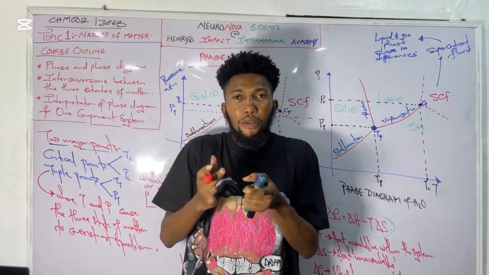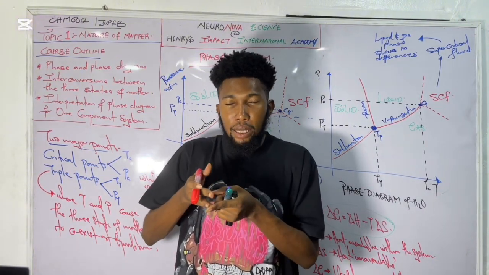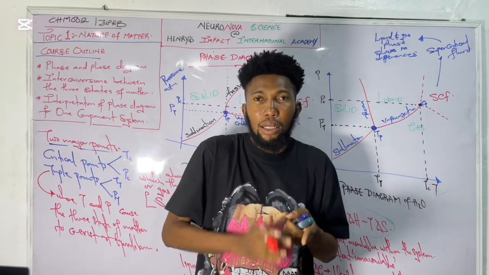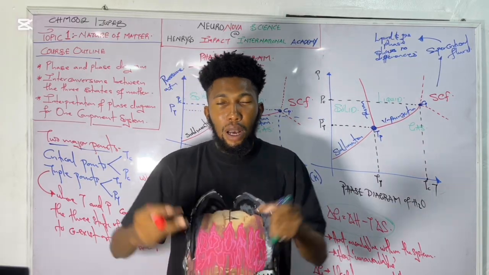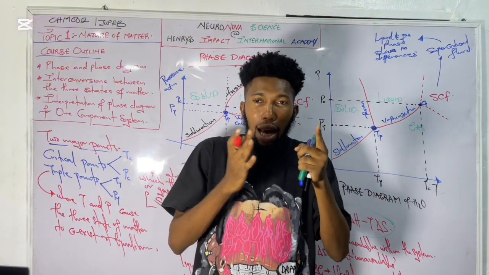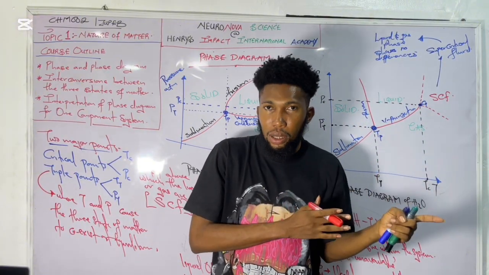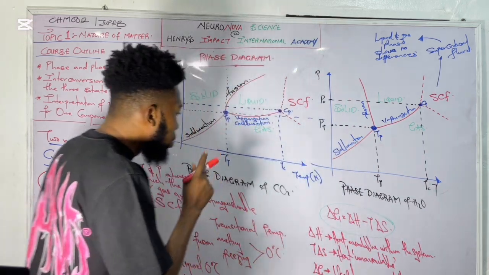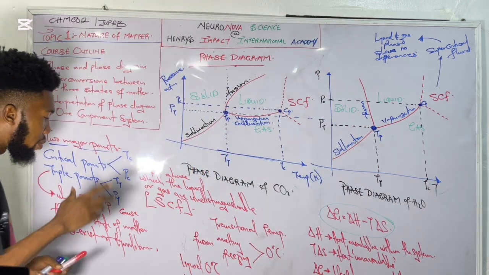Is it going to move from 0 degrees Celsius water to ice, or from 0 degrees Celsius ice to water? Or if you have the two of them at the same time, maybe ice inside water, is it going to move from the ice to the water phase, or from the liquid phase to the ice phase? How you will know that is via thermodynamics.